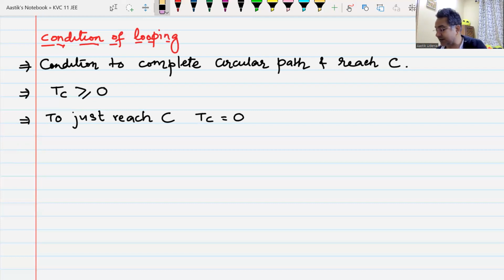Now we have to understand what will be the condition at the lowest point so that I can reach point C. So the next heading is: to just reach point C.